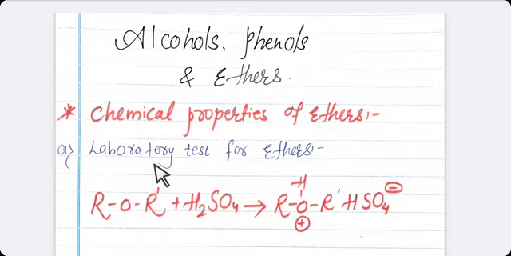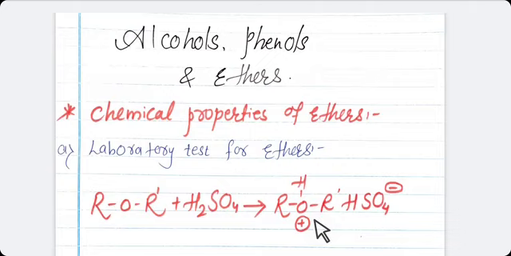However, ether dissolves in cold concentrated H2SO4 due to formation of oxonium salt. As you have seen in the reaction, ether dissolves in cold concentrated sulfuric acid and forms oxonium salt.